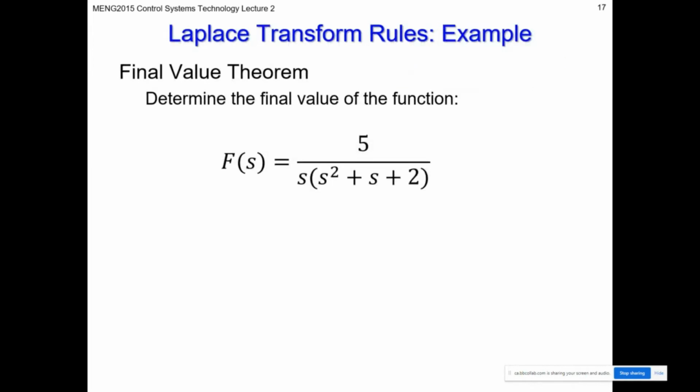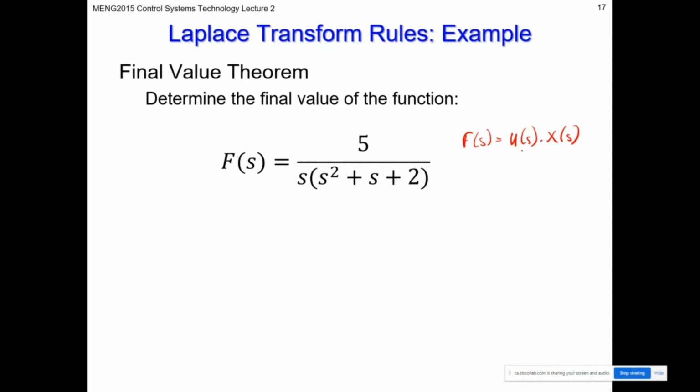So let's try it out. This is our f of s here, and we're going to use the final value theorem to find out what the final value of this function is. This could be a function which is activated by an impulse, or it could be the result of f equals an input u times a system x.